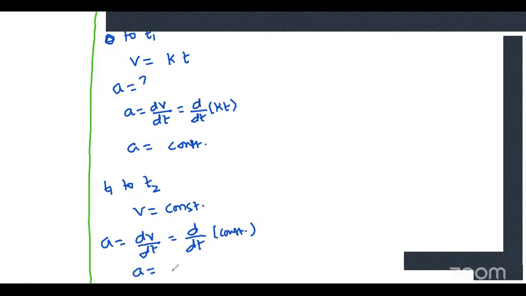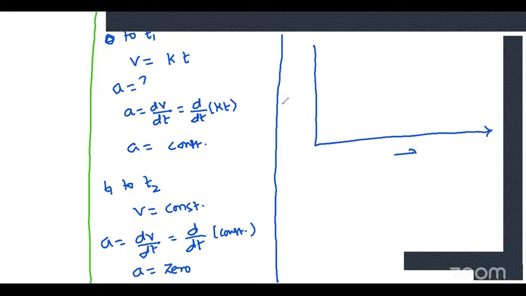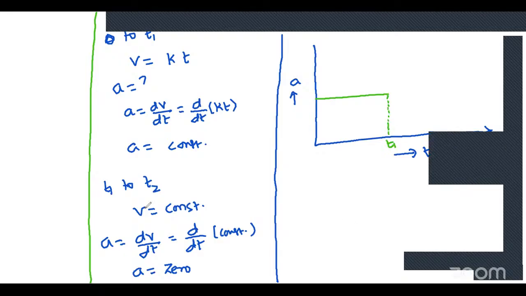Zero. So if I draw the acceleration versus time graph, from 0 to t1 acceleration is constant, like this, up to here it is t1. And then t1 to t2, acceleration is 0.